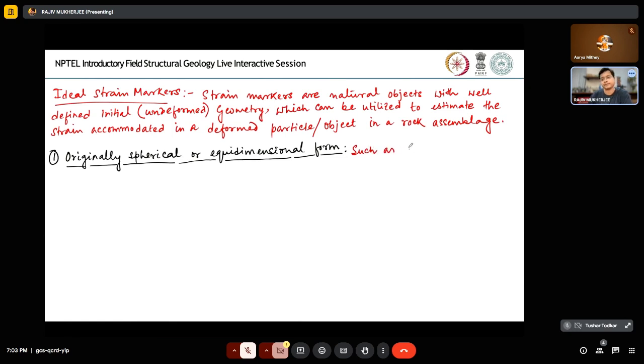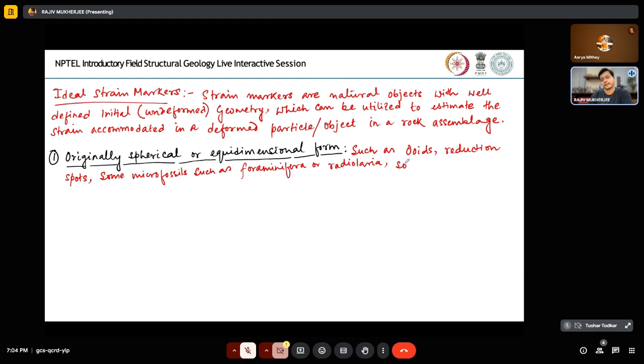Such as ooids, reduction spots, some microfossils, such as foraminifera or radiolaria, right?